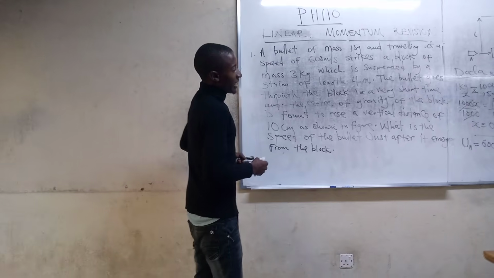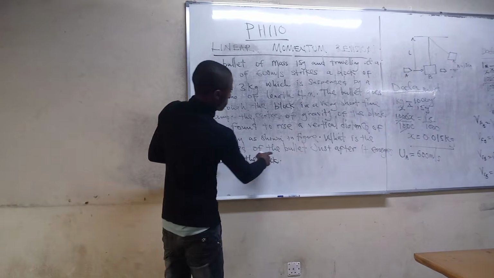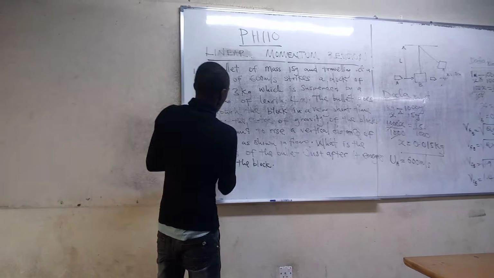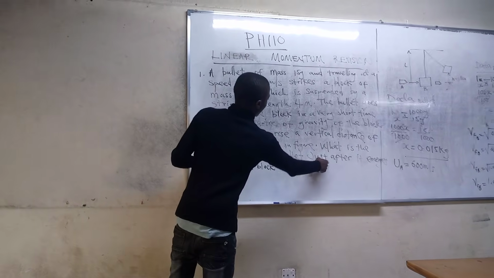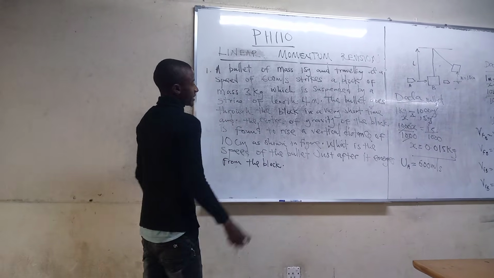So from there we can now proceed in the calculation of the final speed. So they are asking what is the speed of the bullet just after it emerges, meaning we are calculating the final velocity of the bullet.